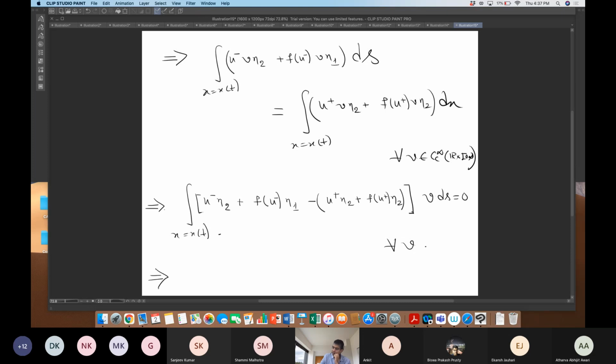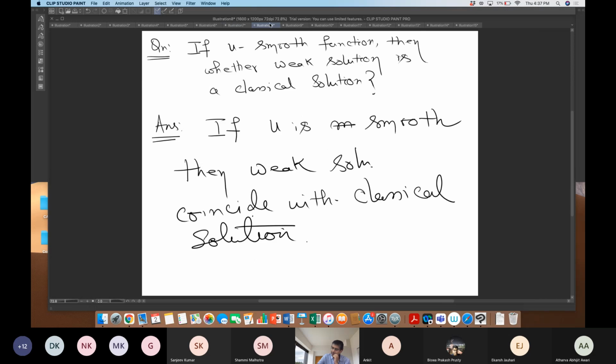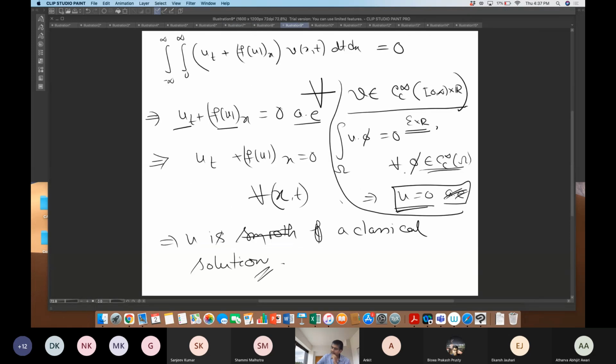So what I can say, this implies, by the theory, this property: that for any u into phi equal to 0 for all phi in C_c infinity, then u equal to 0.